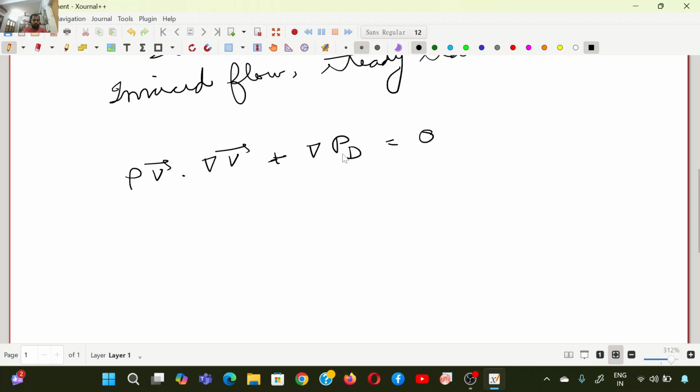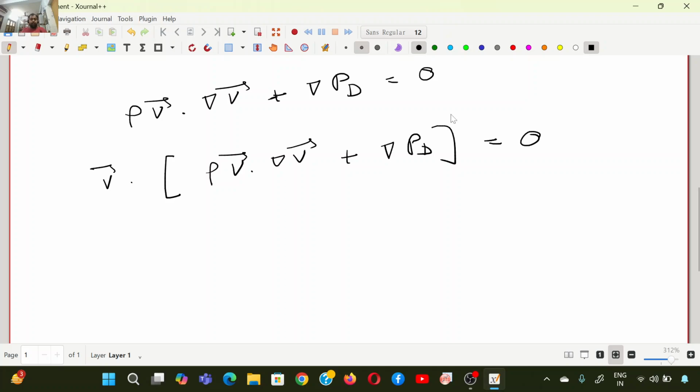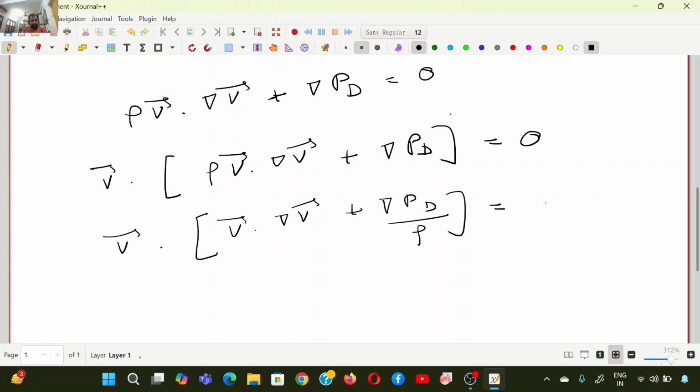Let us dot this with the velocity vector, and divide throughout by rho.